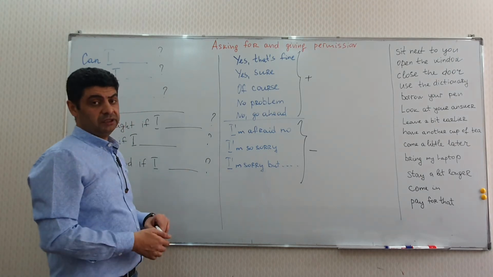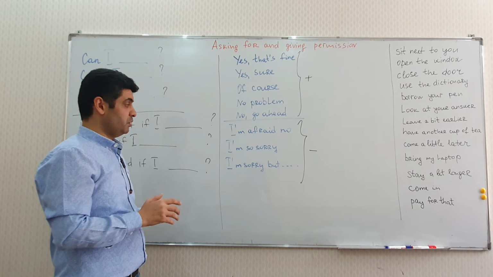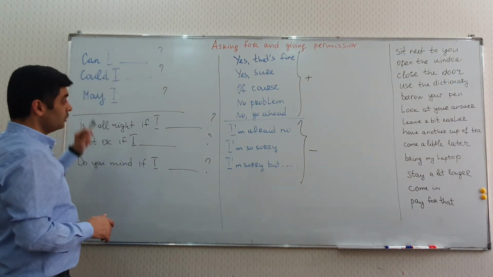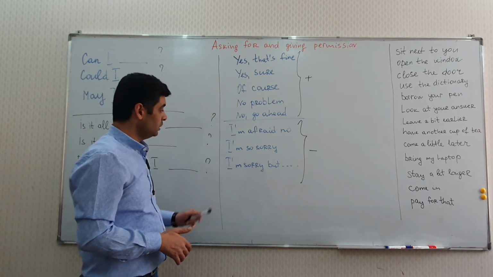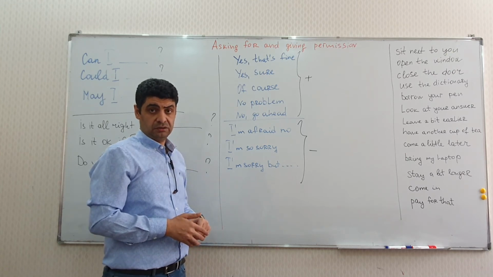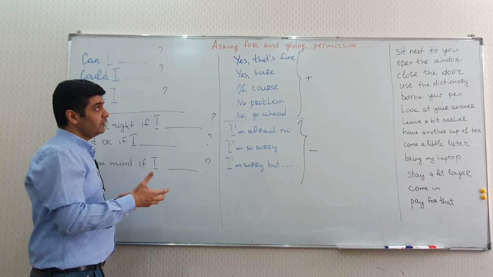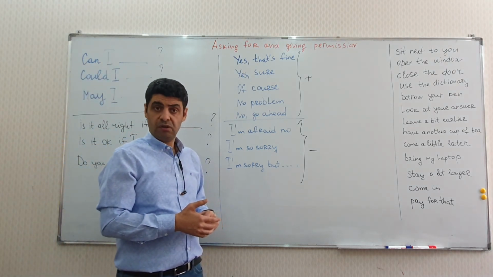I'm so sorry. I'm so sorry means you do not give any permission. Or you say again, could I look at your answer? I'm sorry, but I cannot give it to you. So these are the ways how we can ask for and give permission. That's all. Thank you very much.